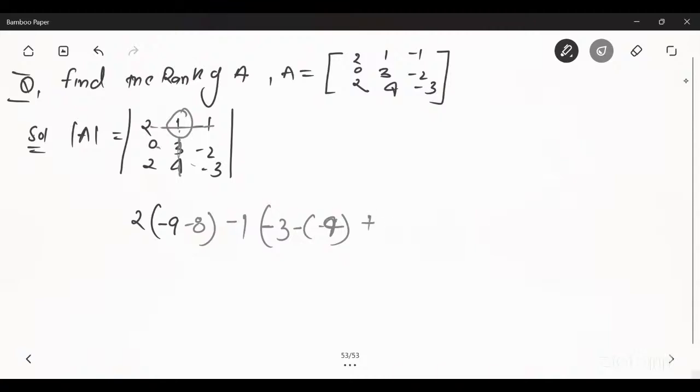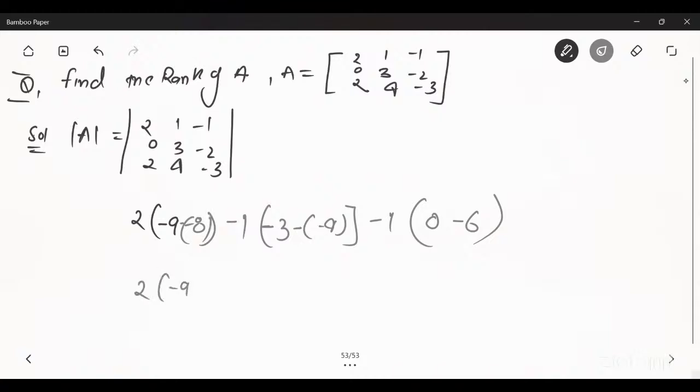Next one is plus 1. Now cross multiply: 0 into 4 will become 0, 3 into 2 will become 6.